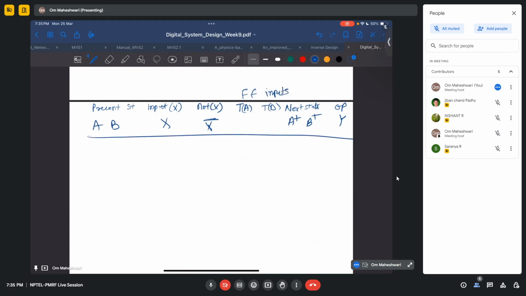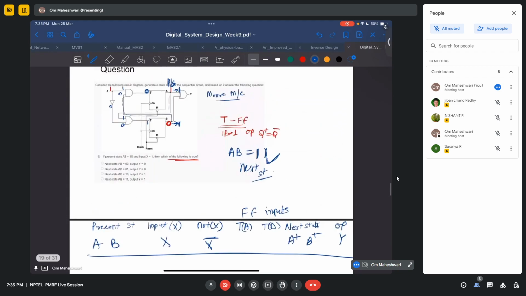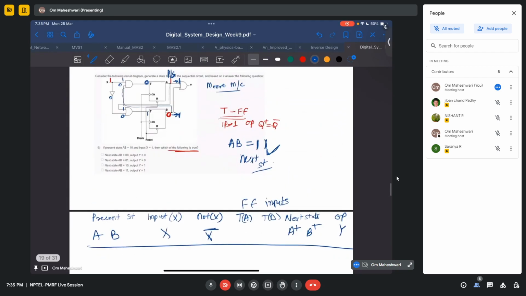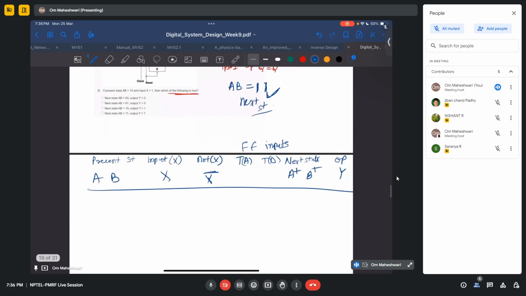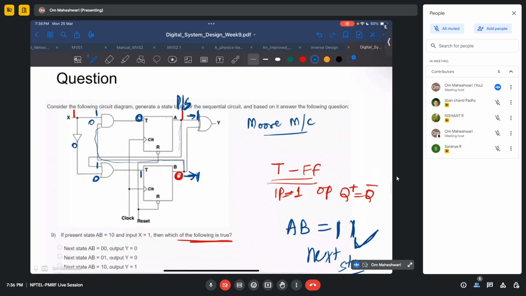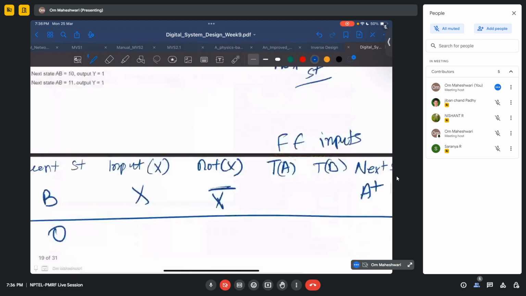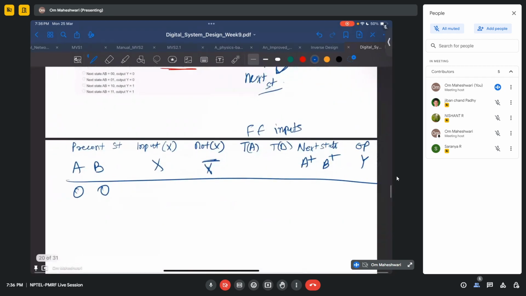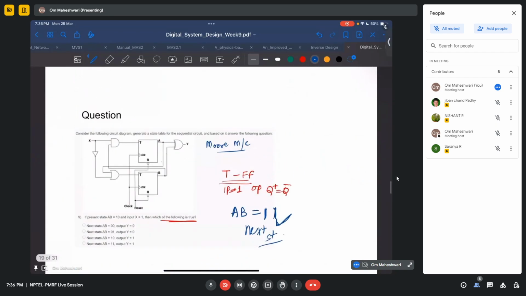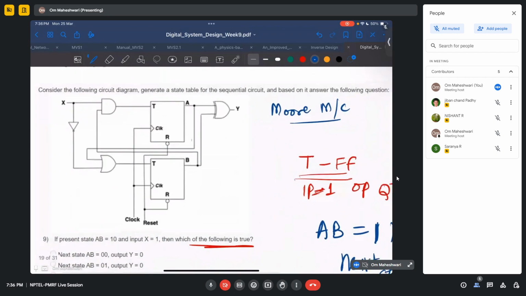Okay, so how to draw this? Let's say we start from again 0 0. Input you also take 0, so x bar will be 1. You started from 0 0. Input is 0, this is 1.